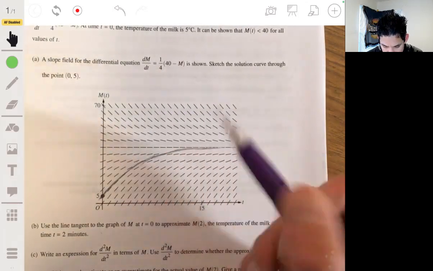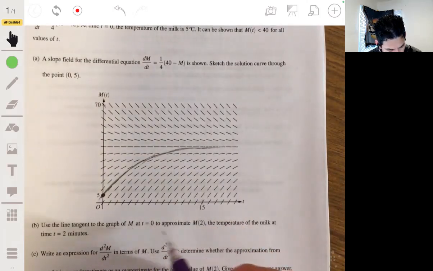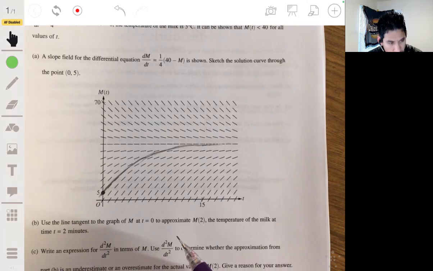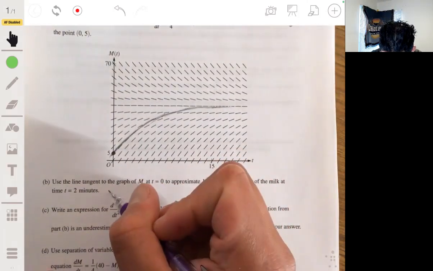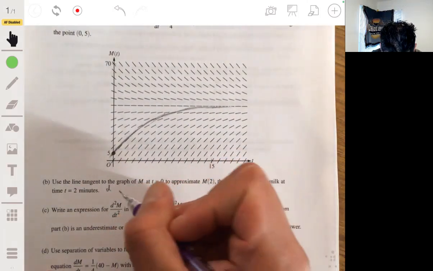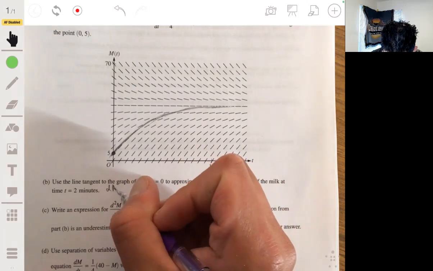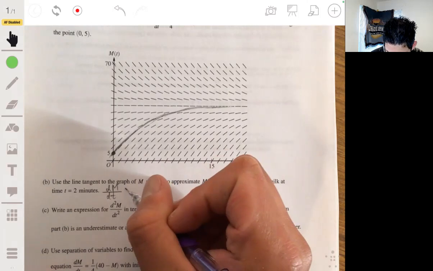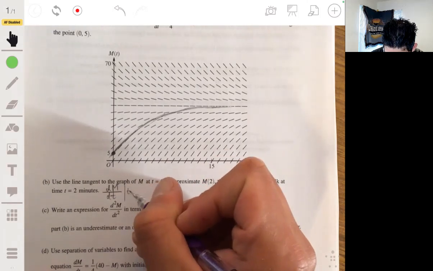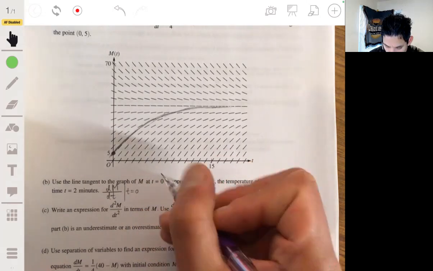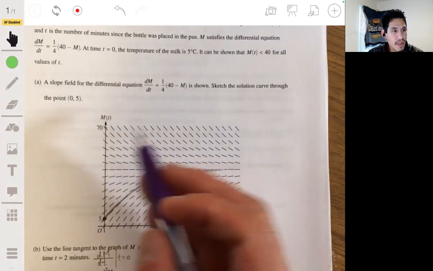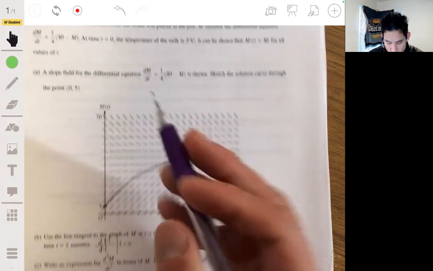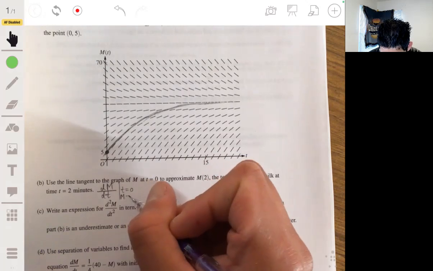So let's just do that. Where should I write this? I'm going to squeeze it in here because this page doesn't have much space. So dM/dt, and again, this is when t is 0, and we're told when t is 0, M is 5.